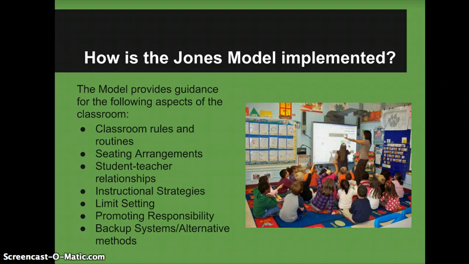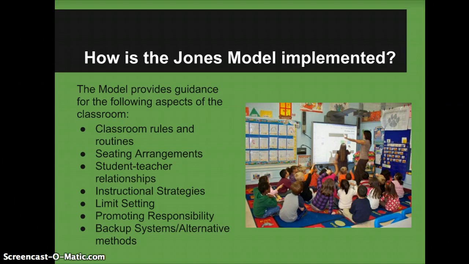We're not really trying to be friends with our students, but we want to have that respect, without the teacher being like an evil political figure, which apparently some people think of their teachers as. Instructional strategies, limit setting, like I said earlier about the rules, and I'll go into depth about it later. Promoting responsibility, trying to get our students to be autonomous rather than us having to tell the same rules over and over and over. Although you're going to have to teach the rules eventually throughout the year, especially in a younger classroom, like the one pictured in this picture.